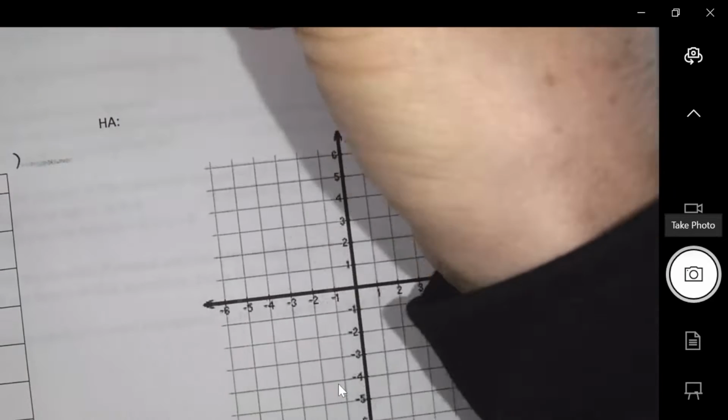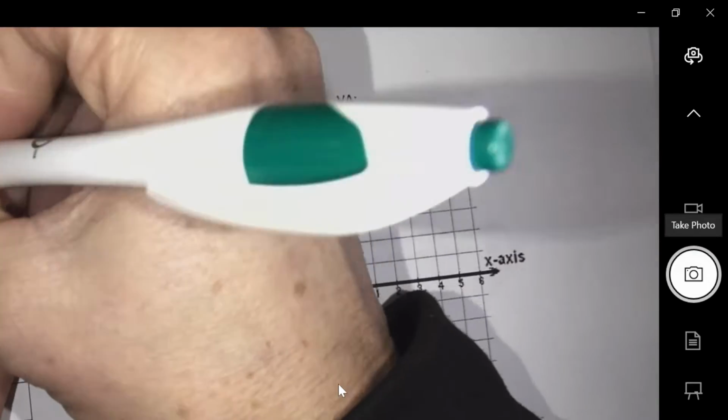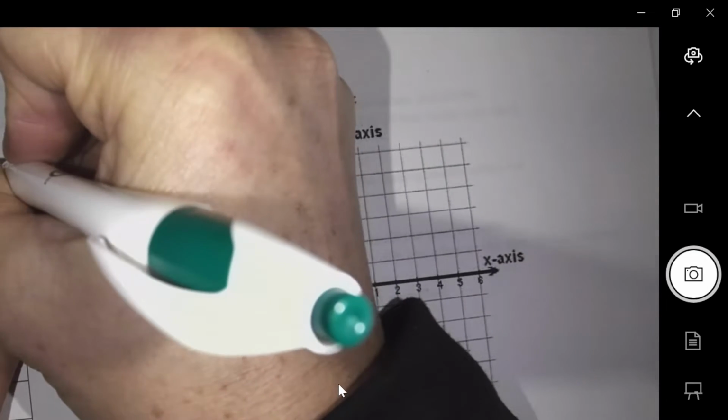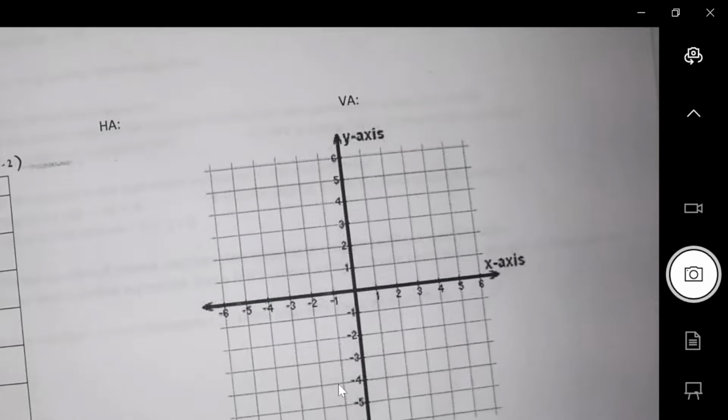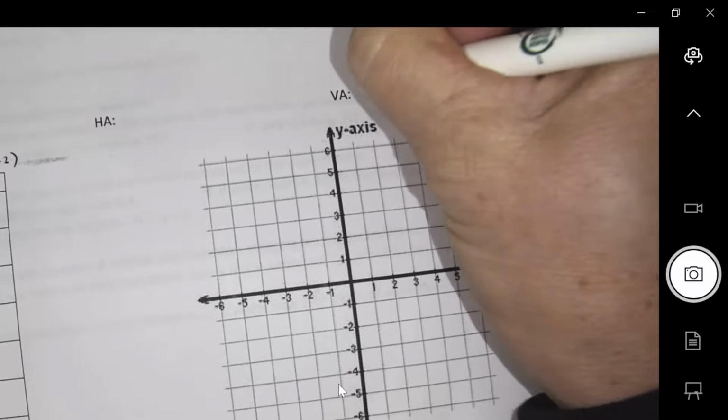I'm going to factor. It is a difference of squares. So x of 2 and negative 2 are the values that are not permitted. They will be vertical asymptotes unless there's been a cancellation. Is there a cancellation? No. So they are vertical asymptotes.